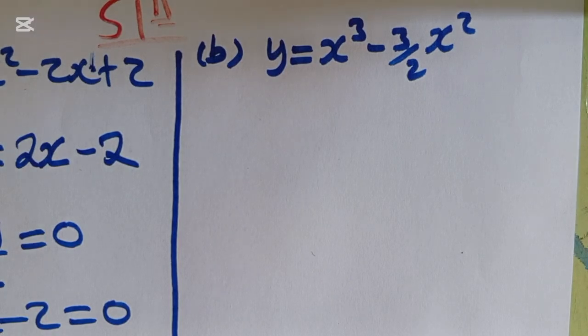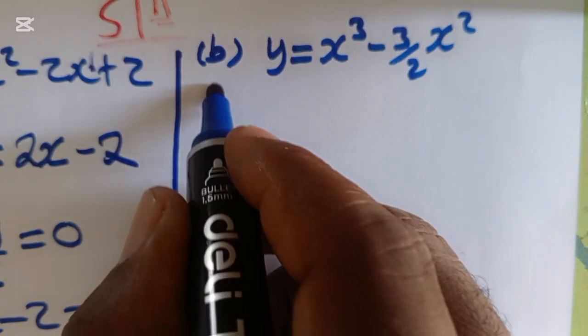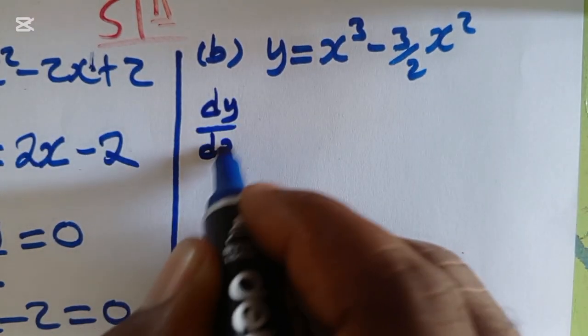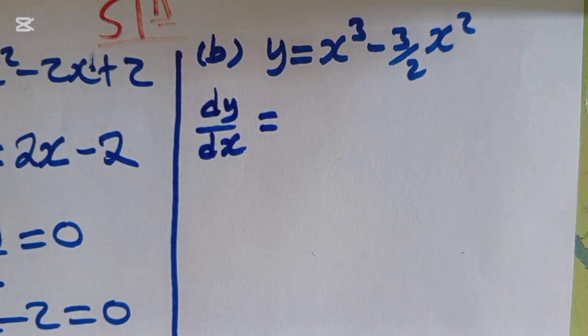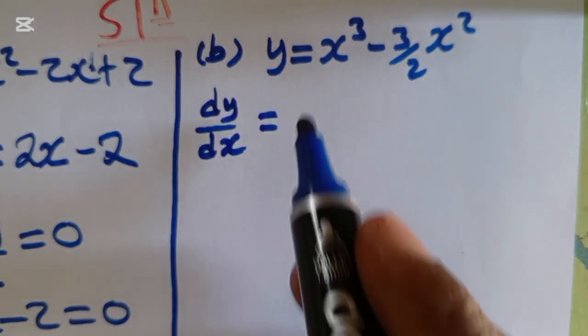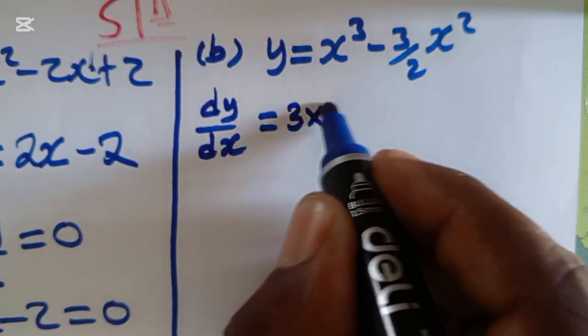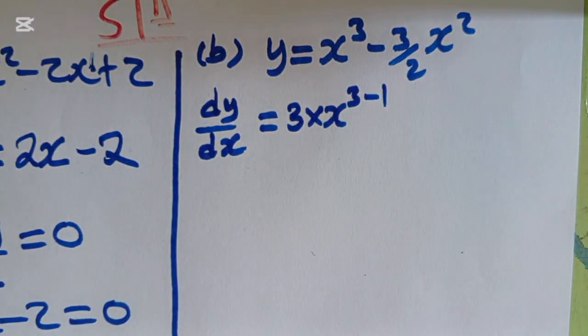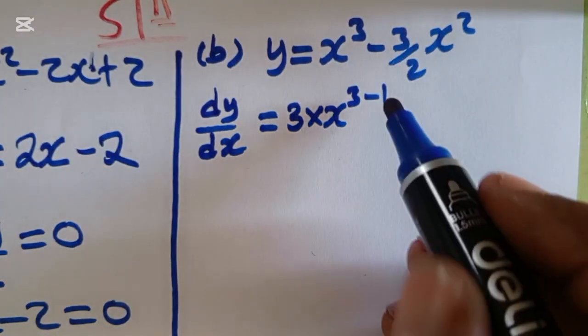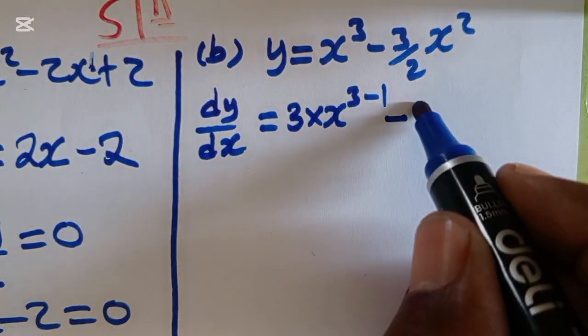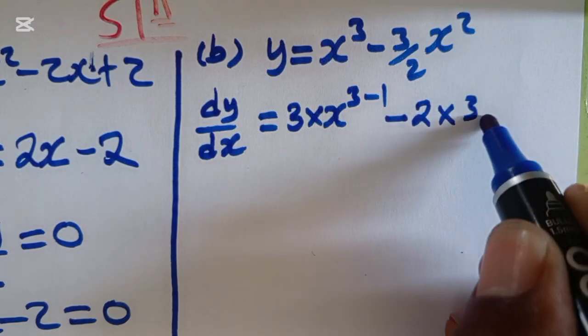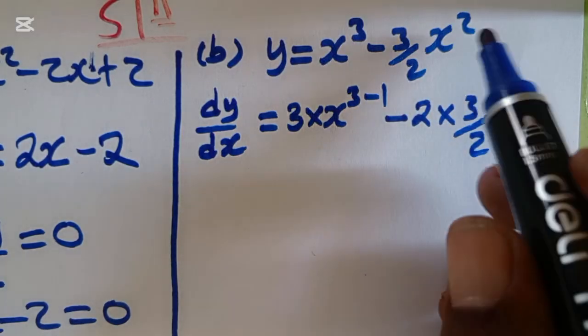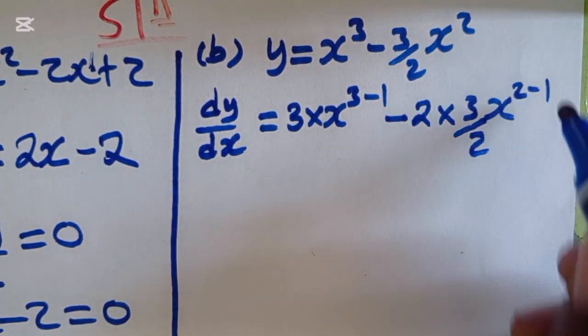For B, the first thing we are going to do is find the first derivative, dy/dx. You say 3 times x, and you reduce the power 3 by 1. Then minus 3 over 2 x, you reduce the power by 1.